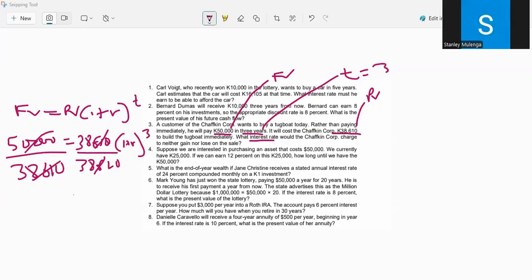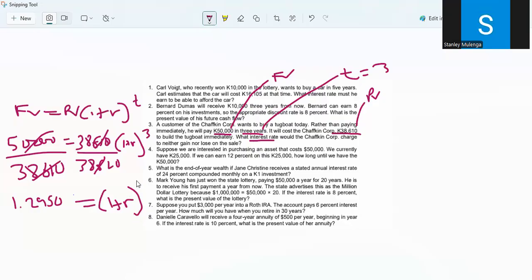So we get 1.29, is equal to 1 plus r to the power 3.